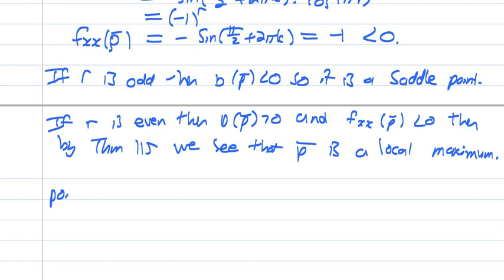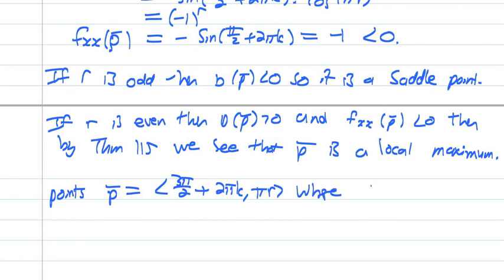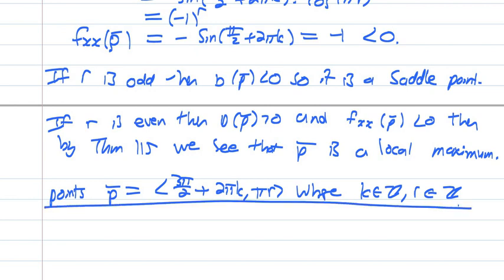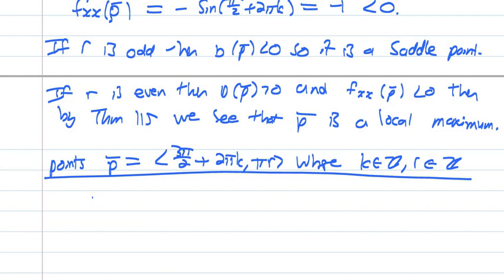Now let's tackle all of the points of the second form, which is P is 3 pi over 2 plus 2 pi k, pi r, where k is an integer and r is an integer. So points occur in this form or in the other form. Again, let's quickly calculate d. At the point P, we worked out d to be sine x times cos y.